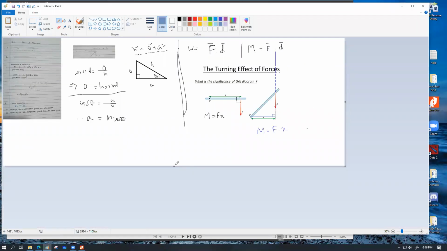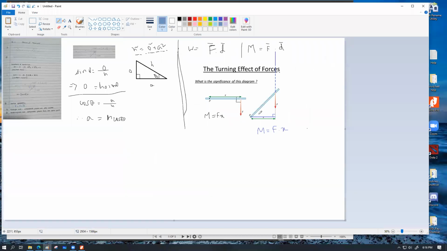Let's say in a certain given scenario, we do not have this distance available. Rather, the question is providing us this distance. So we have this distance available, which is from the pivot to the working position of the force. Finding the working position of the force is easier because let's say you are trying to pull a door.